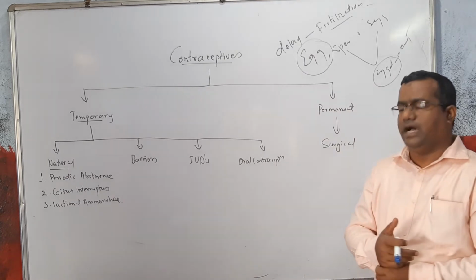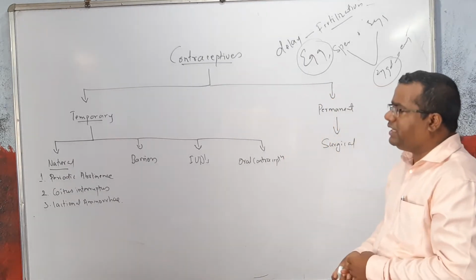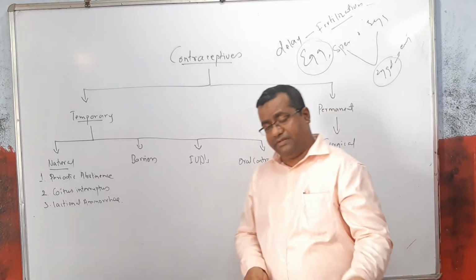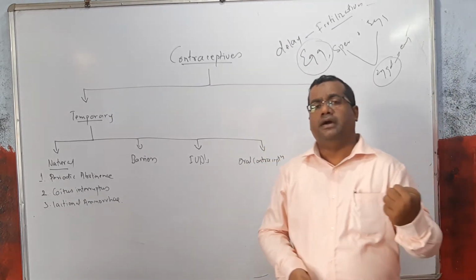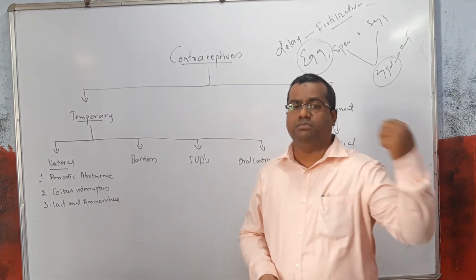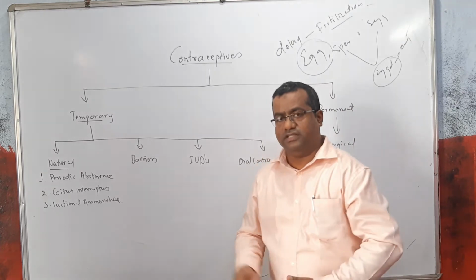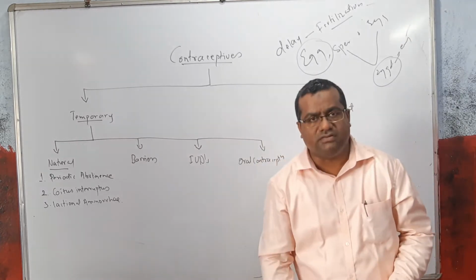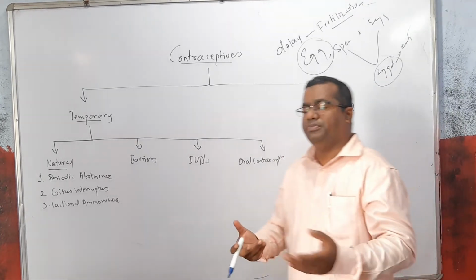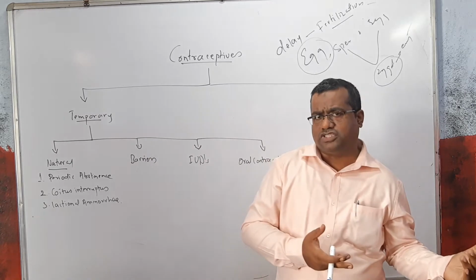The third one is lactational amenorrhea. In lactational amenorrhea, after the delivery, the female does not produce an egg up to 6 months after the delivery, because of the lactation, because of the production of milk.